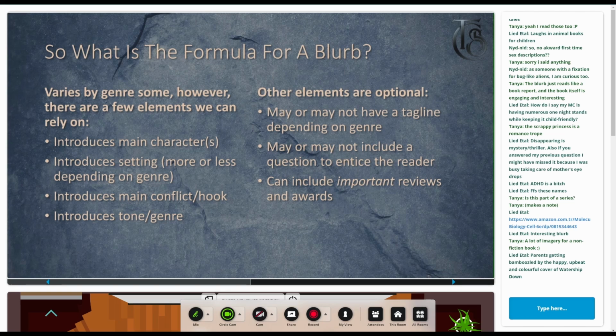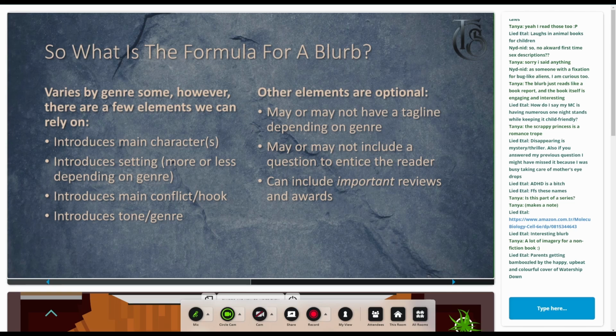Other elements that you're going to include, maybe not, depending on whether or not you have them or whether or not your genre includes them. A tagline. You will notice that not every single one of those really included a tagline per se. Some genres may or may not have them. Marie Kondo's didn't really have a tagline, though I guess you could argue that the first line of the blurb was sort of a tagline in a way, but it does introduce the problem.